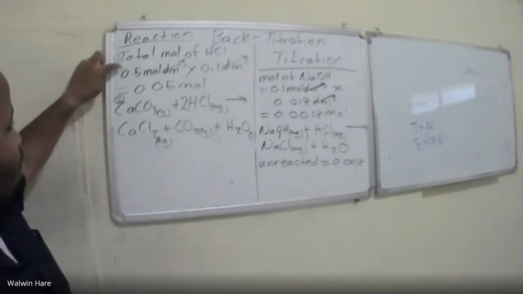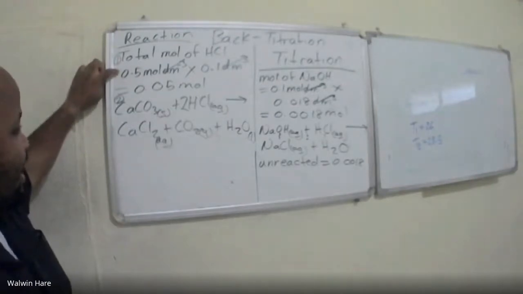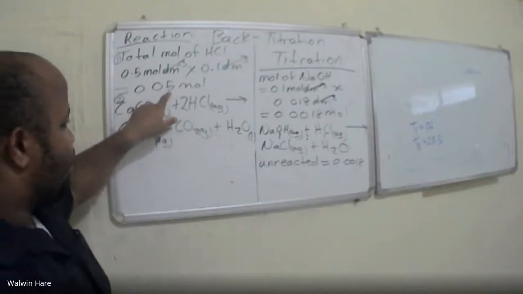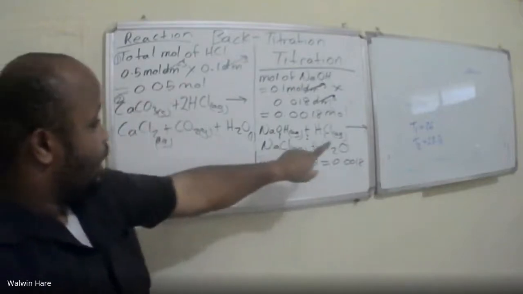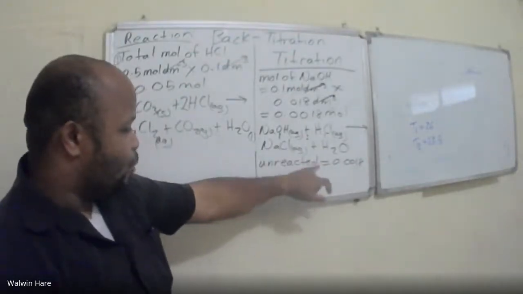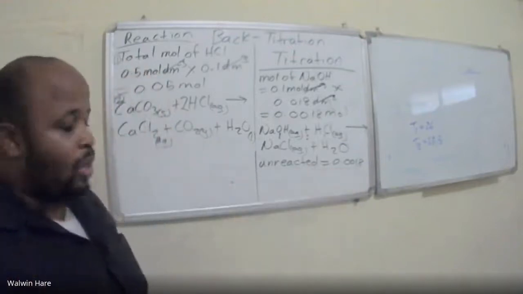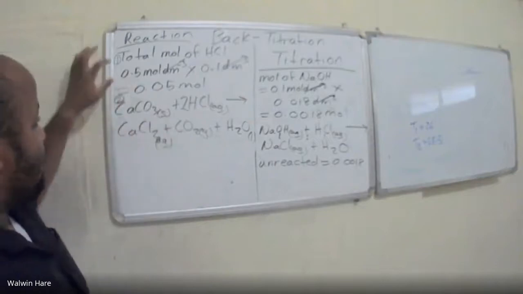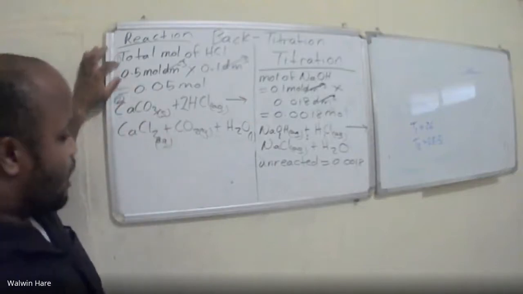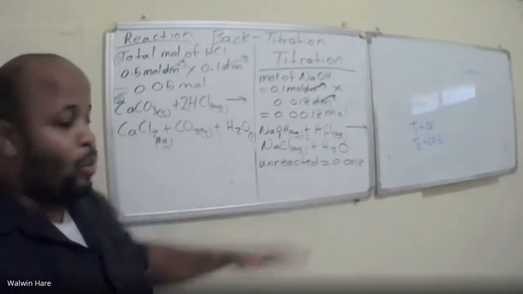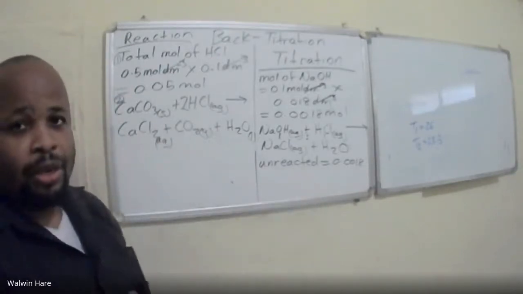Now, remember in the reaction, we have the total amount of moles of HCl, which is 0.05. And in the titration, we have the unreacted amount, which is 0.0018. So if we know the total amount of HCl and we know the unreacted amount of HCl, how can we find out the amount that actually reacted?